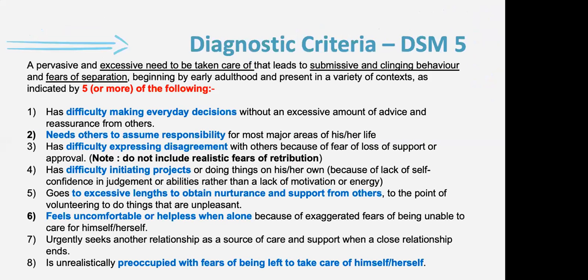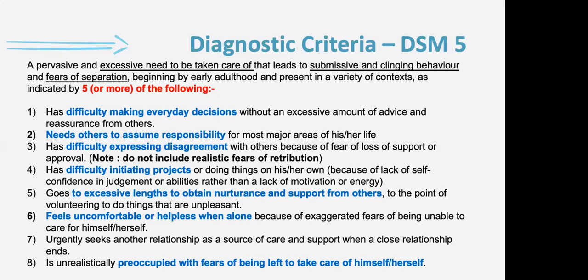Okay, for the diagnostic criteria, it is described as a pervasive and excessive need to be taken care of that leads to submissive and clinging behavior and fear of separation, indicated by 5 or more of the following. First, difficulty making everyday decisions. Second, needs others to assume responsibility for their life. Third, difficulty expressing disagreement.